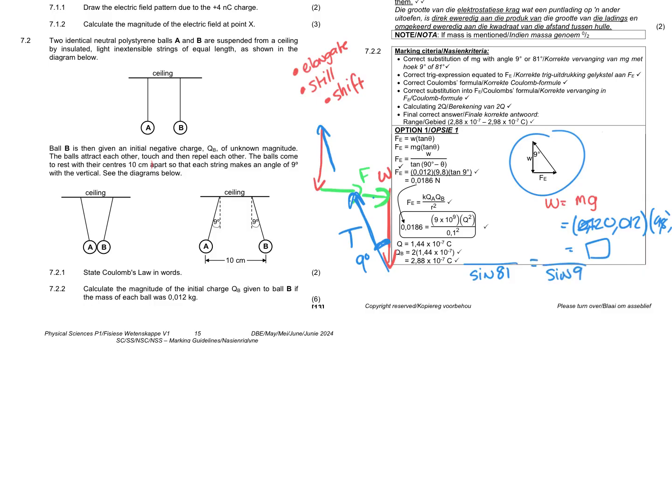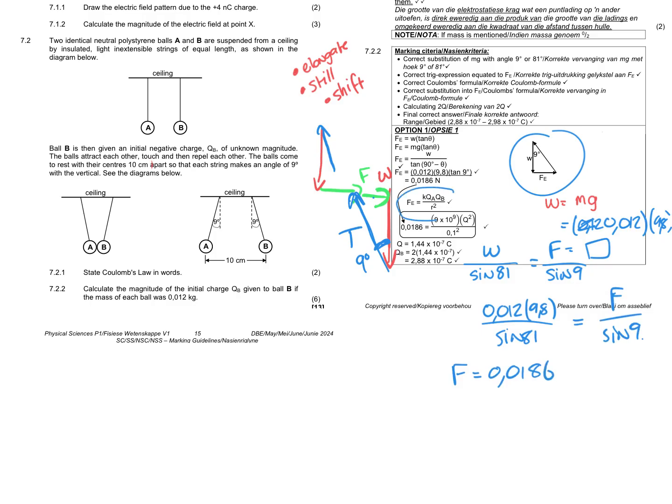Otherwise, you can just use normal trig. So F over sine of 9 is equal to W over sine of 81. So that's 0.012 times 9.8 over sine of 81 is equal to F over sine 9. And you're going to end up with F being 0.0186, whatever they got. It'll be the same thing.